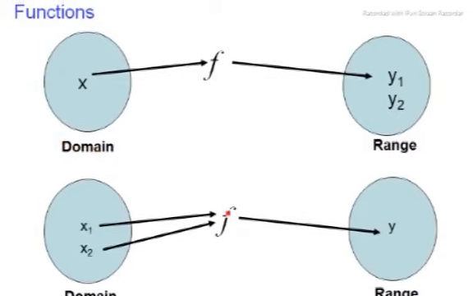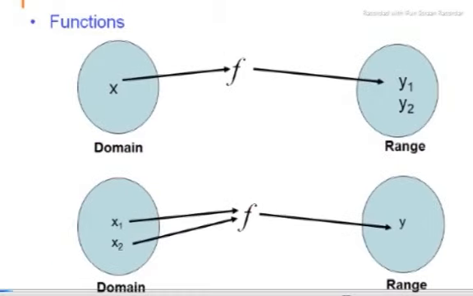Let's see some examples of functions. The set A is containing only one element x, and the function f assigns x another element y1 in codomain B. You can see that this is a function.